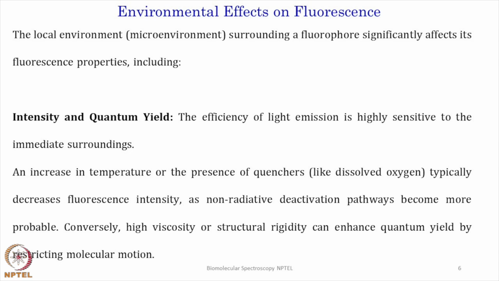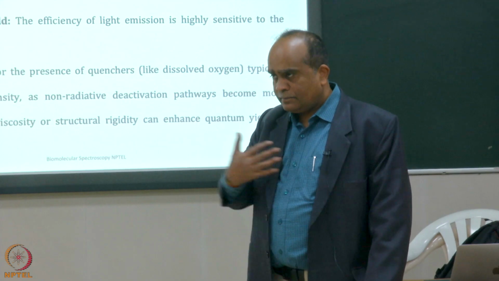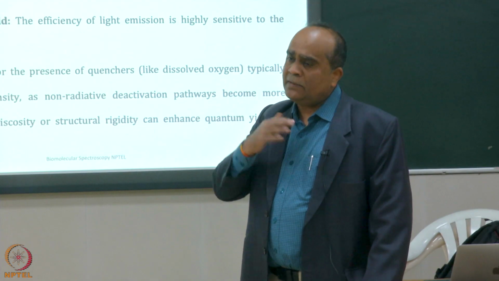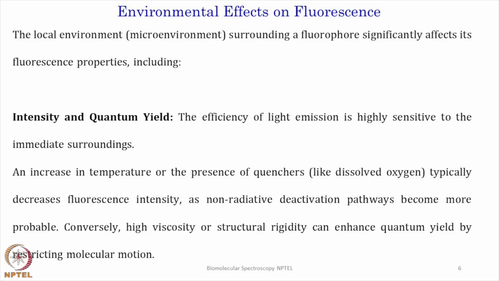So, if you increase temperature, or if you have a quencher, what does it do? It takes the photon, whatever should come from radiative, it makes it non-radiative. So, if there is a quencher like dissolved oxygen or something like iodine, it decreases the fluorescence intensity as a non-radiative deactivation pathway, just taking the productive radiation to non-productive pathway without giving any signal.